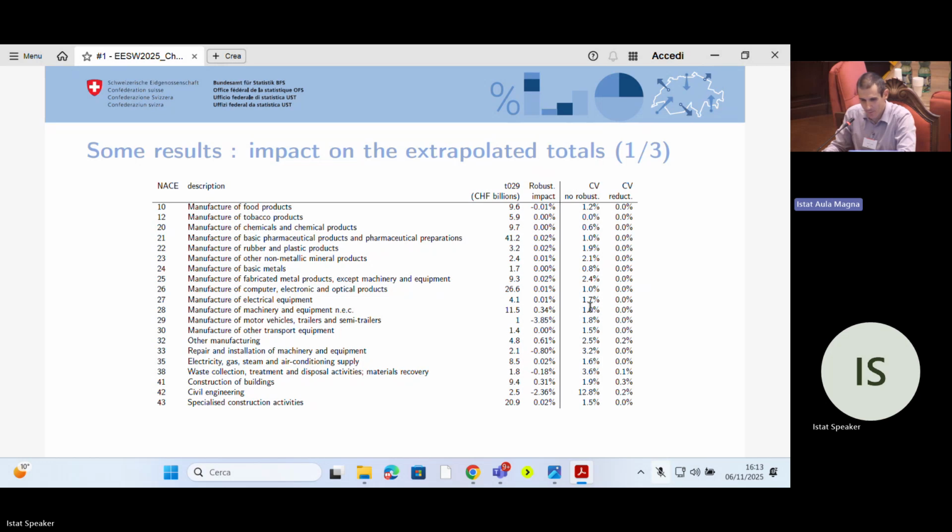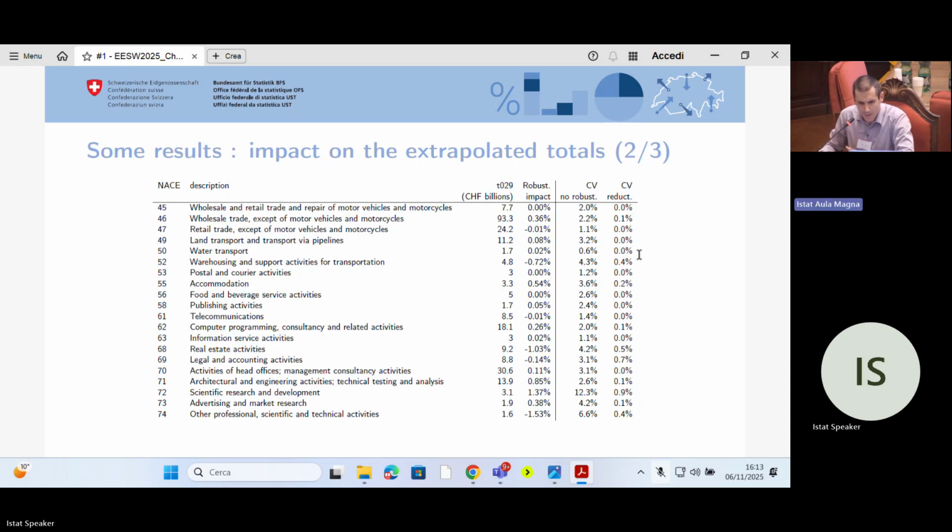And in the last column, you have: did this robustification actually reduce the coefficient of variation of what we are estimating? We see that not much happens in many NACEs, and in some NACEs, for example here, we have a coefficient of variation of 1.9 without the robustification, and we can improve it by 0.3 with the robustification.